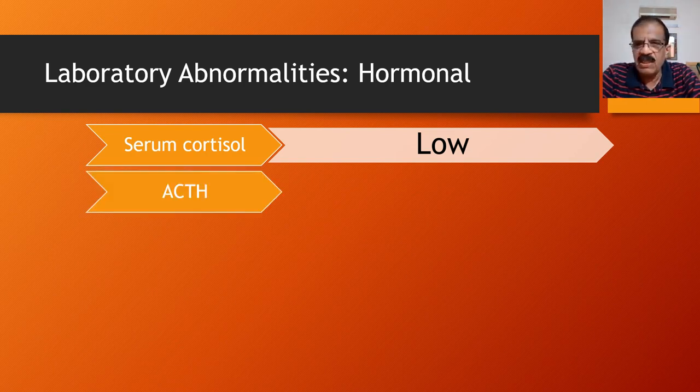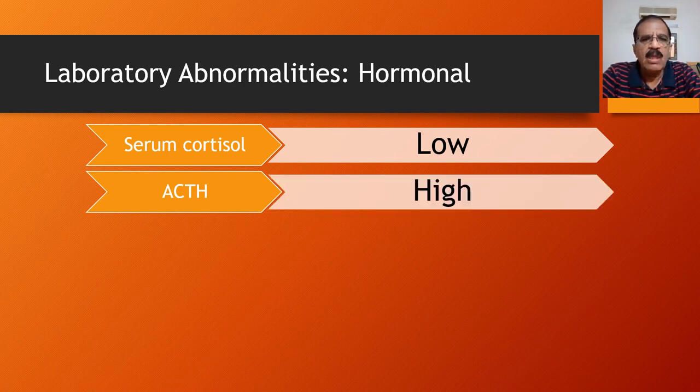Then ACTH. We all know that cortisol has a very strong inhibitory effect on the pituitary, and ACTH is expected to be high because when there is deficiency of glucocorticoid, that inhibitory effect on ACTH is reduced and ACTH will be produced in high quantity as an attempt to increase cortisol production.